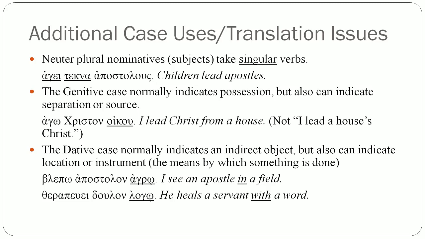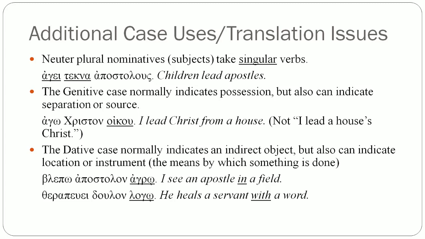The ablative genitive is no longer talking about possession, but it's indicating separation or source, where something is proceeding from. So instead of "of," you translate something like "from" or "away from" in front of the word.